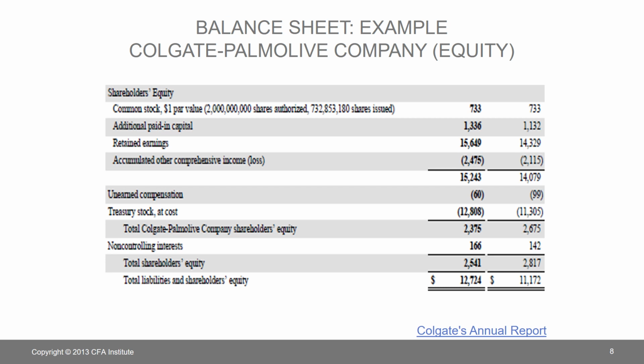It is worth noting that the total equity in this case, which is 2,541, of course this is in millions, equals the total assets, which was 12,724, minus the total liabilities, which was 10,183. And again, we will examine the main components of equity in later slides as well.